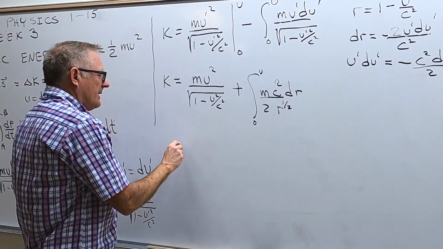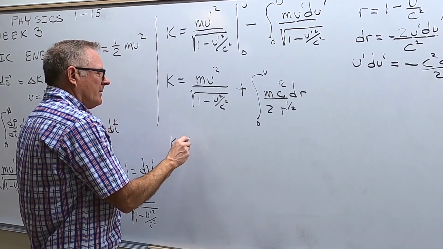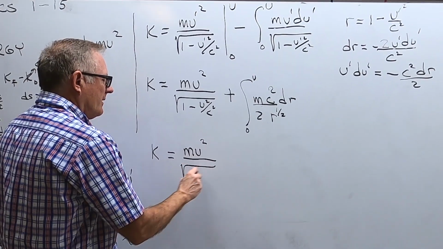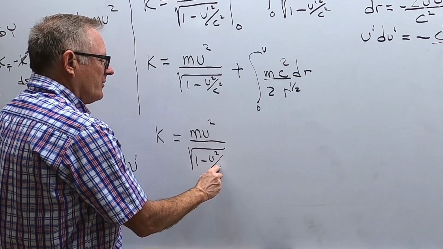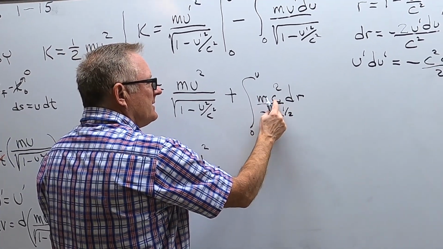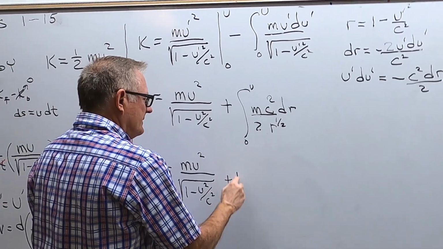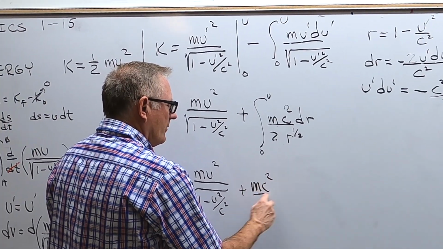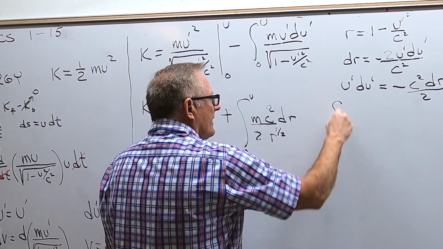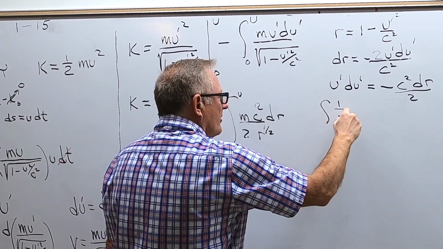Okay, so this k becomes mu squared all over the square root of 1 minus u squared over c squared. I can pull out the mc squared over 2 plus mc squared over 2. And all we have is the integral of 1 over r to the 1/2.